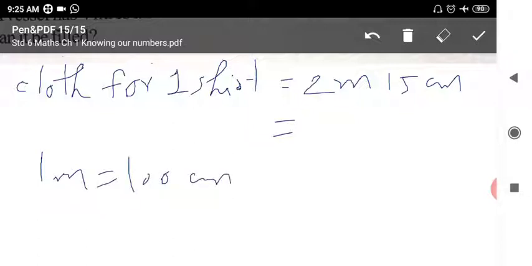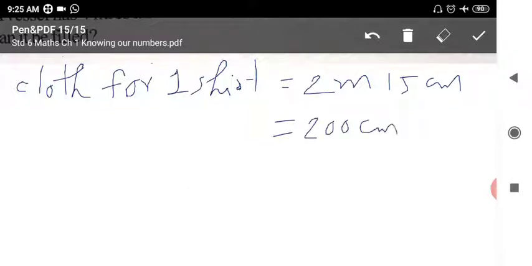So 2 meter means 200 centimeter. Instead of 2 meter, here we will write 200 centimeter, and the 15 is already in centimeter, so we only put the addition sign and write 15 centimeter.